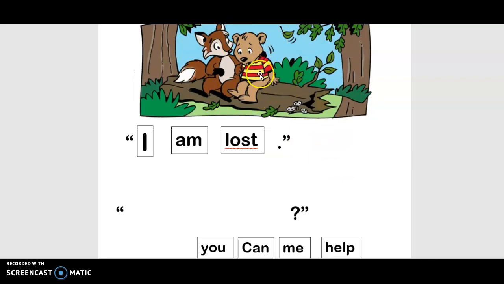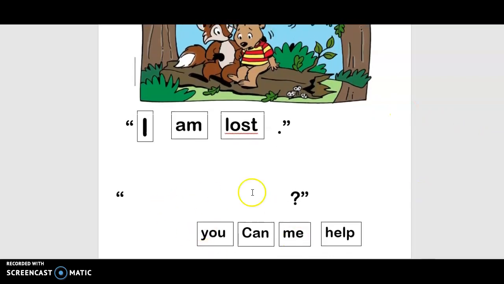I am lost. But now he knows that he needs help to find his mother and his father and his house and his bed. So let's try to figure out what this sentence could be down here. I am lost. What's the first word? Let's look at what these words could be. So Y-O-U, that looks like a sight word that we know. That word is you.